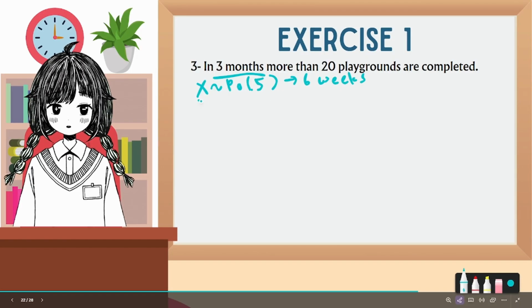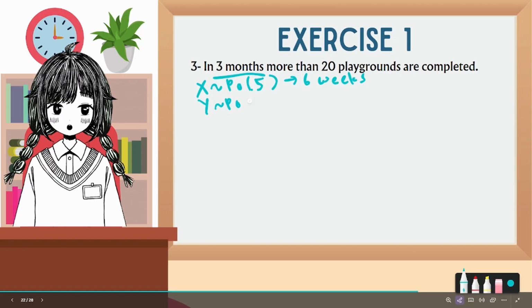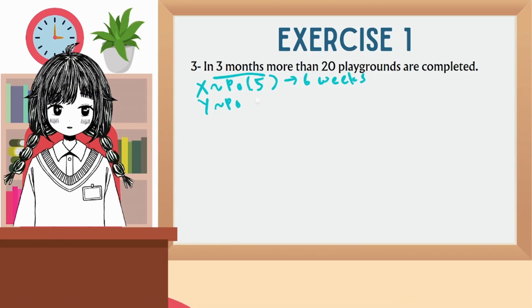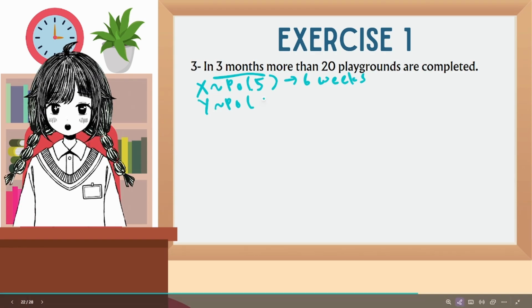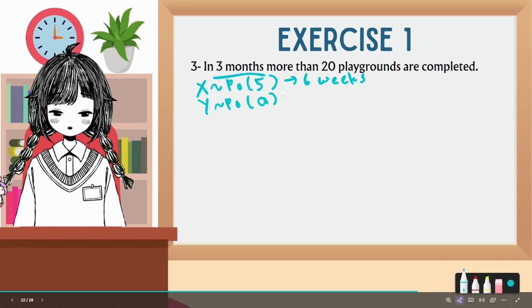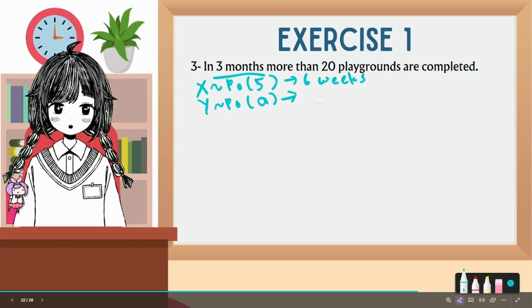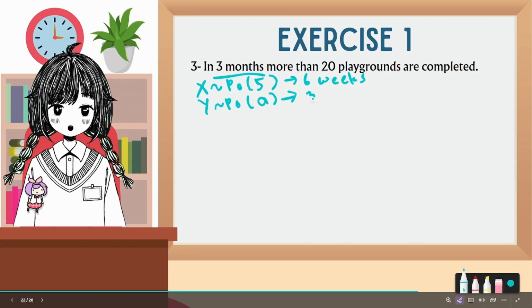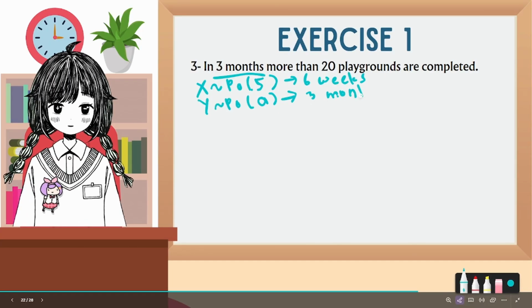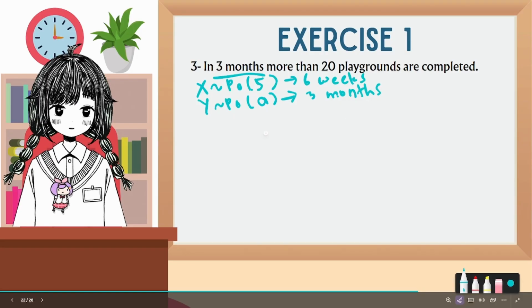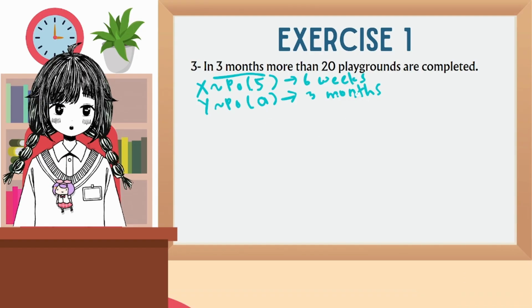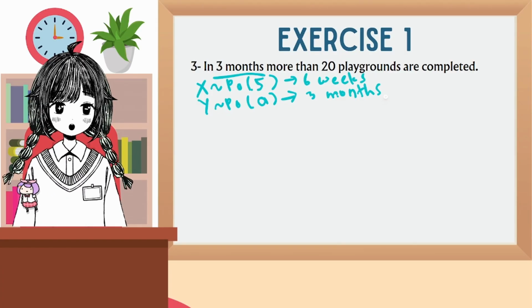And I just put in Y, Poisson. We don't know the lambda number yet, so I put in unknown A. So this is for 3 months. We can convert 3 months to weeks or 6 weeks to months, so that we have both in the same unit.